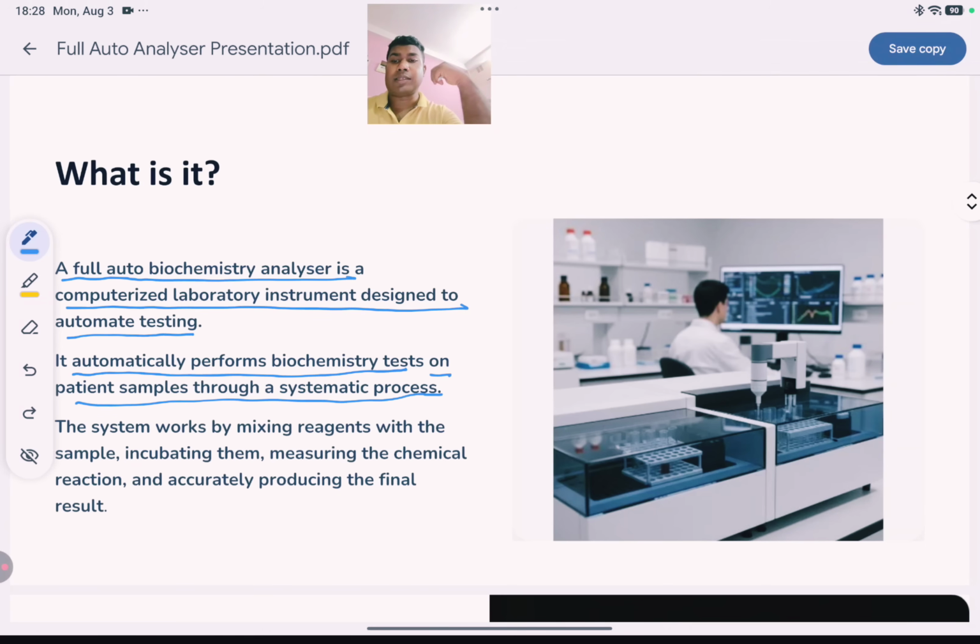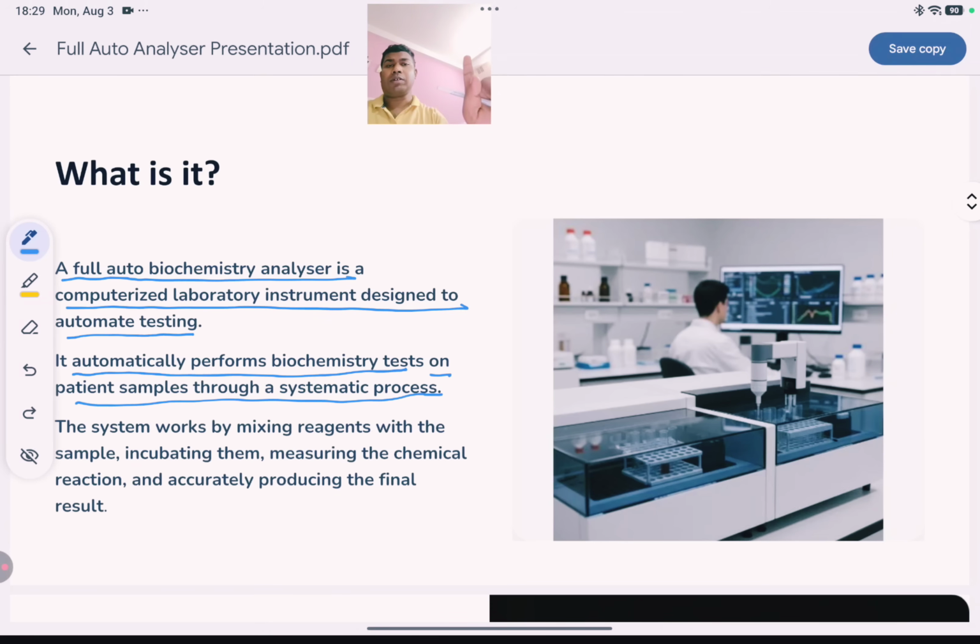So it automatically performs any biochemical test on patient sample, that is the sample which is collected from the patient through a systematic process, and it performs automatically. We have to remember it. Just we have to place the sample in the machine and everything will be done automatically.